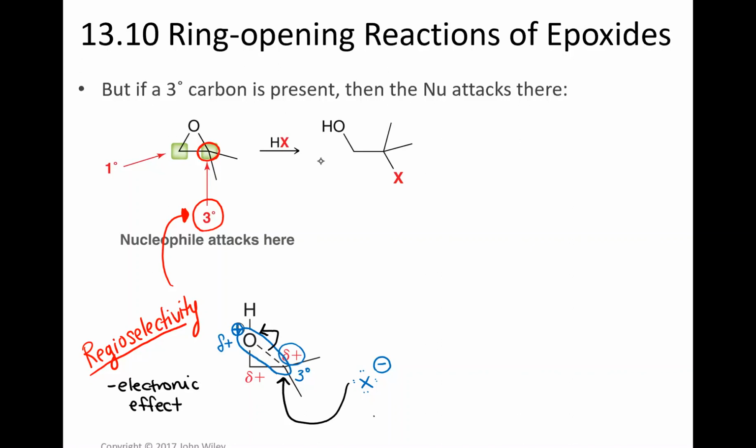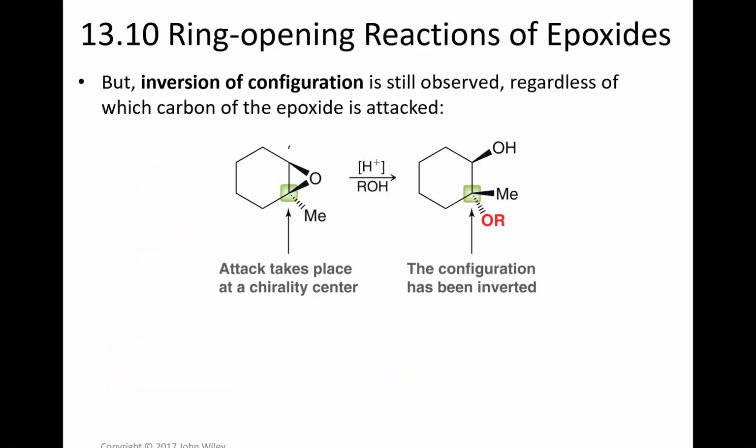It's still considered an SN2 reaction, even though it's a tertiary carbon, and we've seen this many times in first semester organic chemistry. So if this was a stereocenter, it would be inverted because it is a true SN2 reaction.